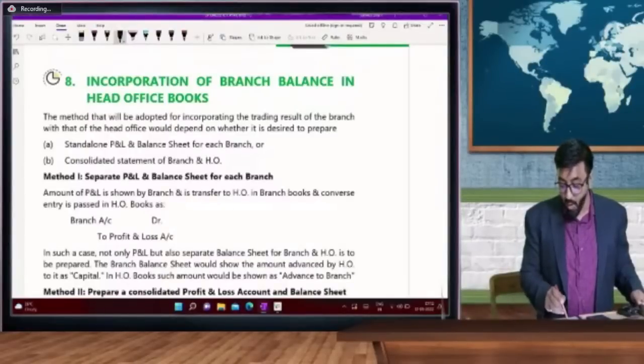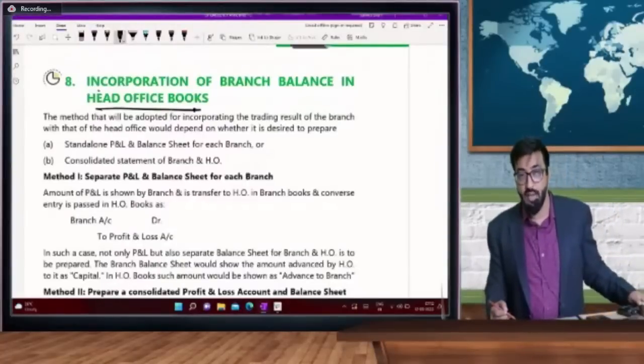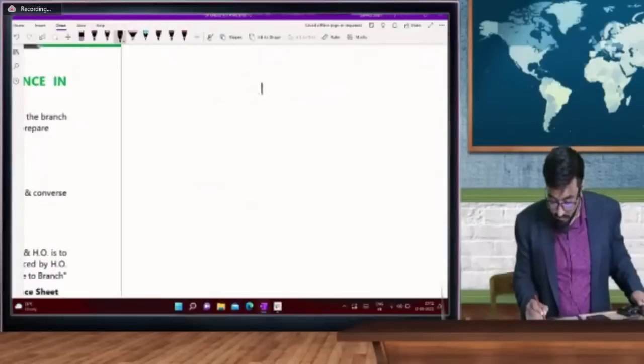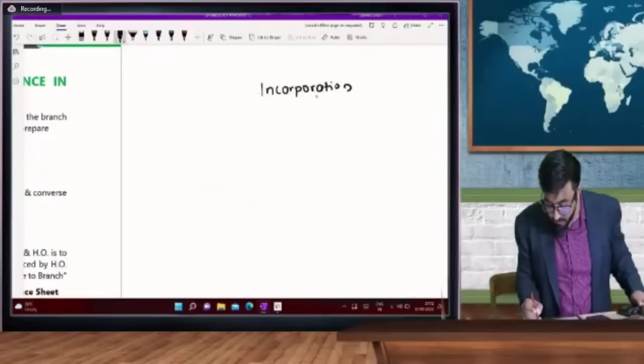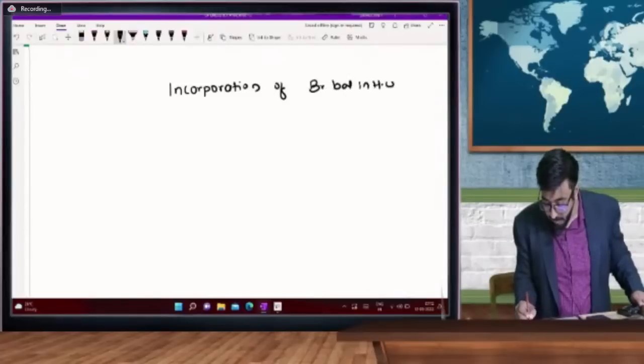In head office books. So we have two methods over there. Write down the heading: incorporation of branch balance in HO books.